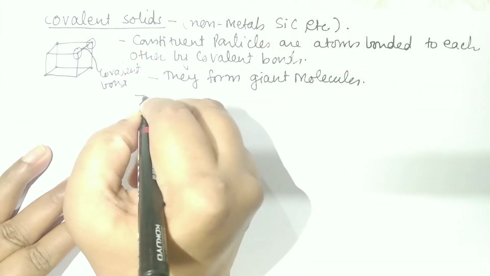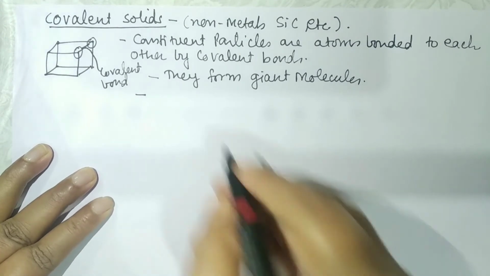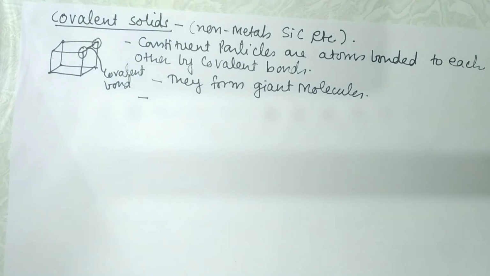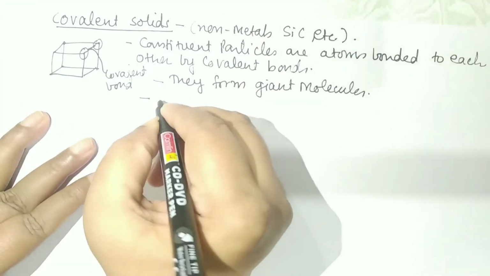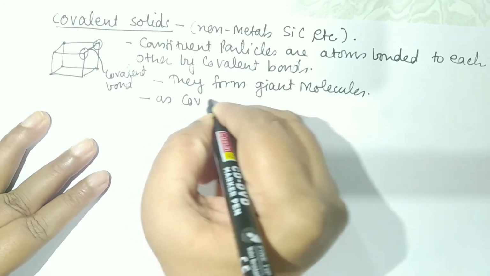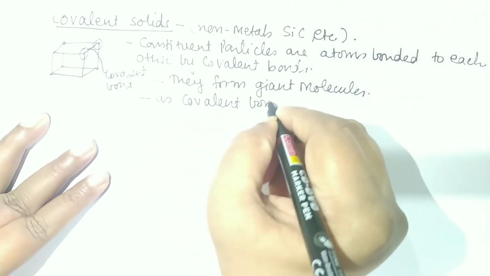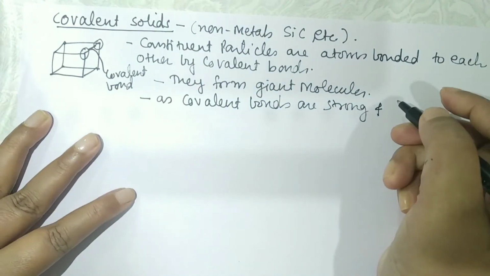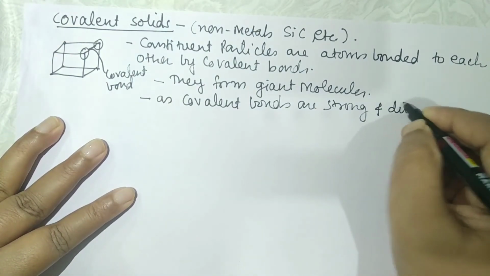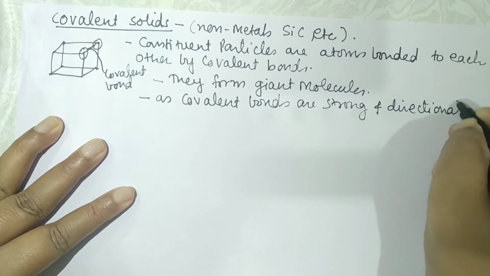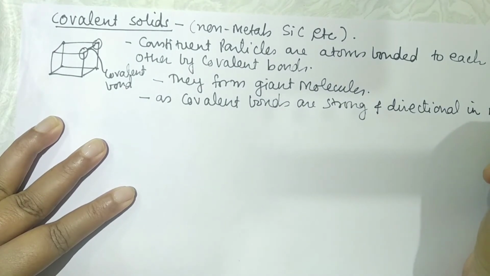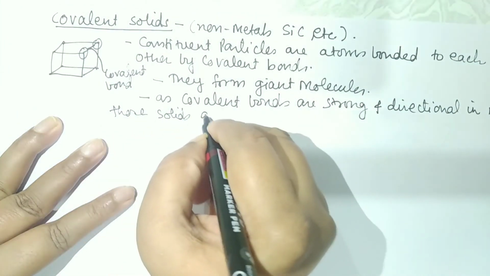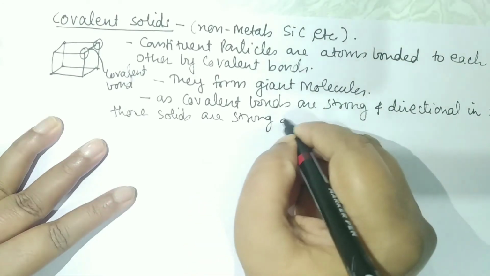As they have covalent bonds, they are strong. And the next important thing is they are directional in nature. So I will write here that as covalent bonds are strong and directional in nature, those solids are strong and brittle.